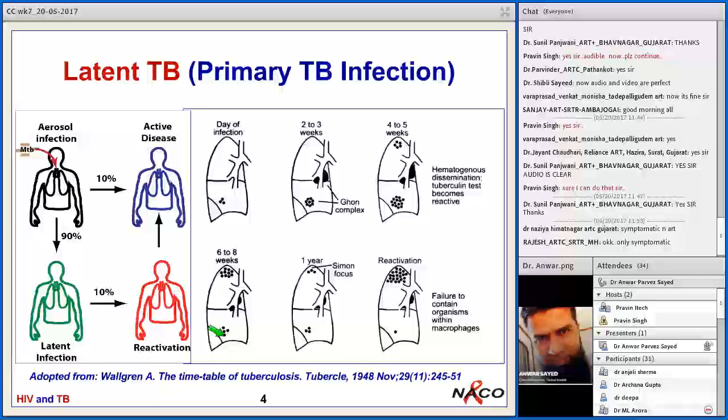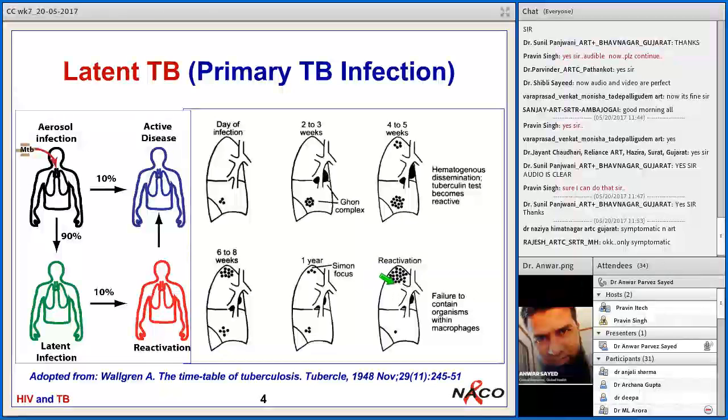After that, the primary focus disappears and bacilli will be present here. This area will have low perfusion but high oxygenation, and that will help the TB bacilli in future, if they get favorable conditions to flare up. That is called reactivation of tuberculosis, where they will present again as TB disease.